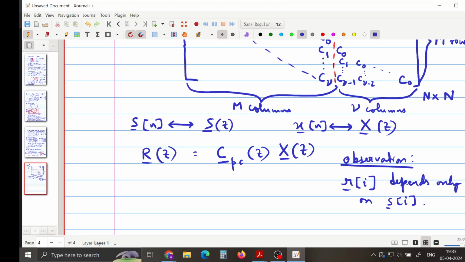If you take this r of n, it turns out to be an n cross 1 vector, because x of n that you transmitted through the channel was also an n cross 1 vector.